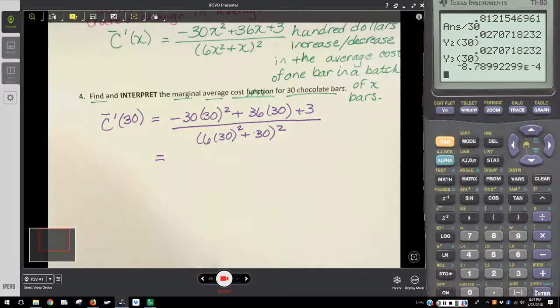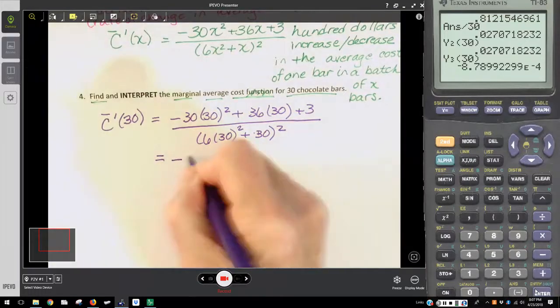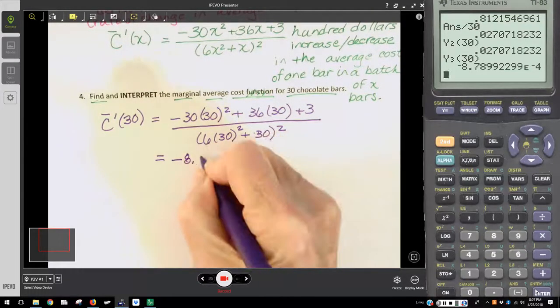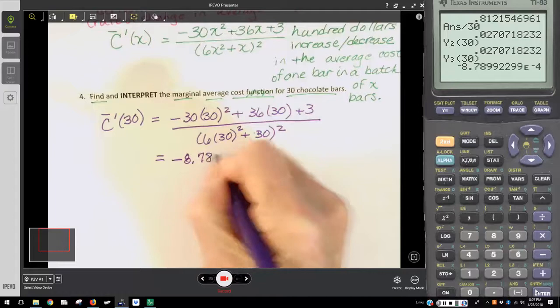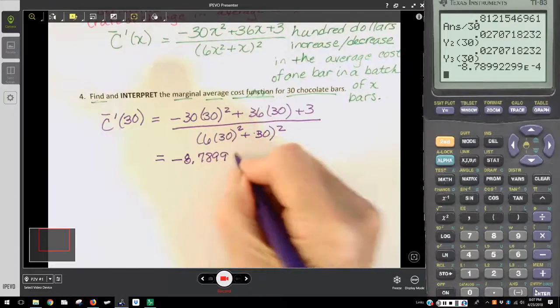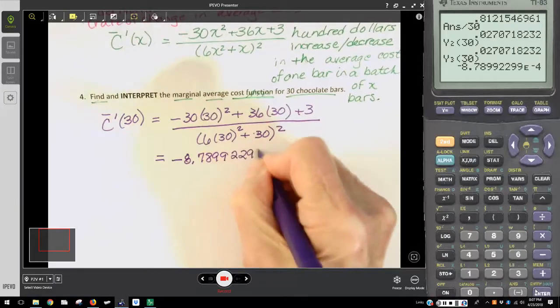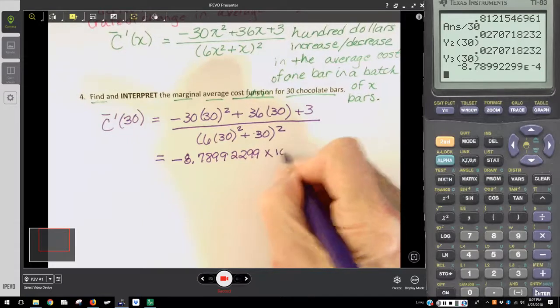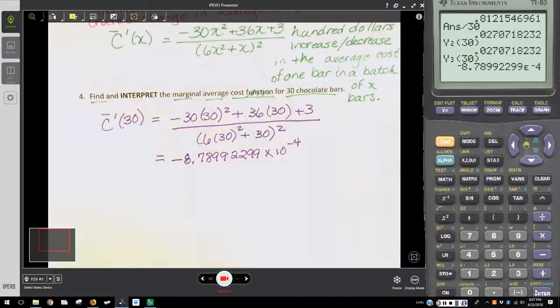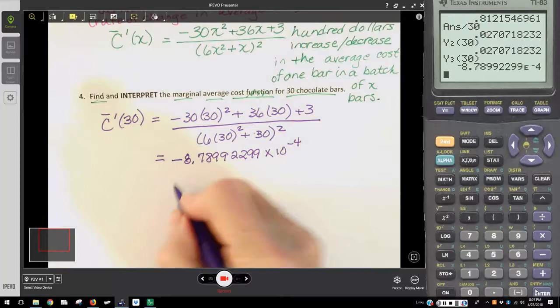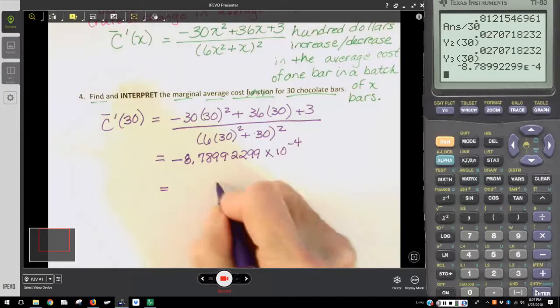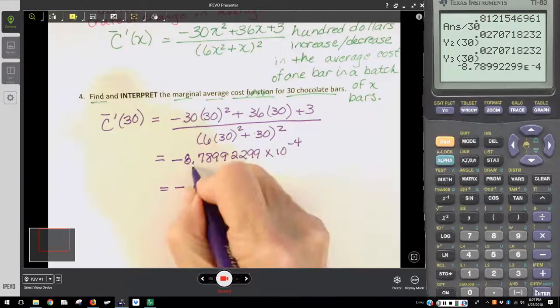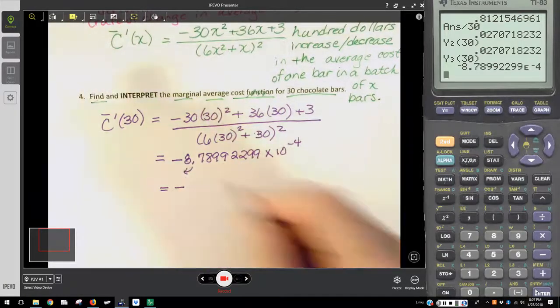It actually comes out to be negative 8.78992299, and that e negative 4 says that's 10 to the minus 4 power that we're going to multiply by. So what that means in reality is we're going to move this decimal 4 places.